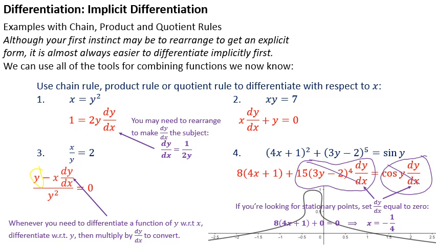I'm not sure it's possible to solve directly to find the y coordinate of that stationary point. I'm going to guess it's 1. And if you have an idea of what you think it is, you could perhaps verify that, but you're going to struggle to get an exact value for this because of the kind of equation it would turn into. But we can solve to find stationary points fairly quickly if we replace dy by dx with 0 before we attempt to do any rearranging.